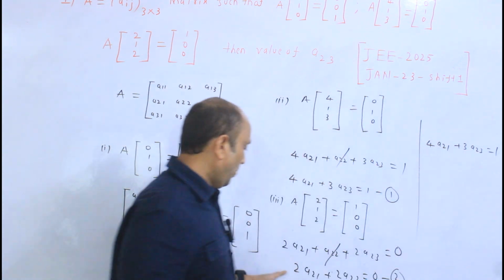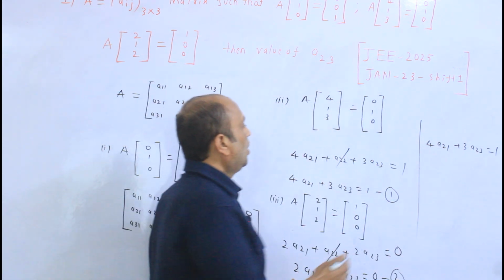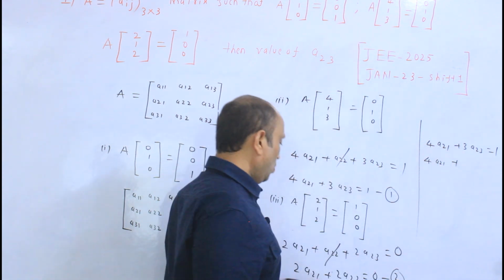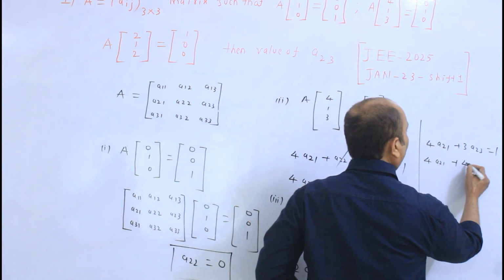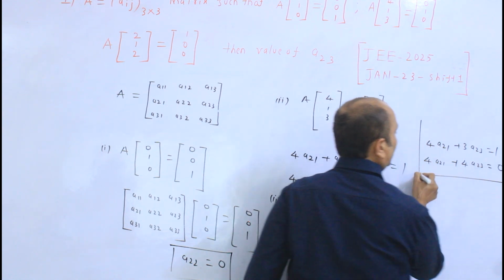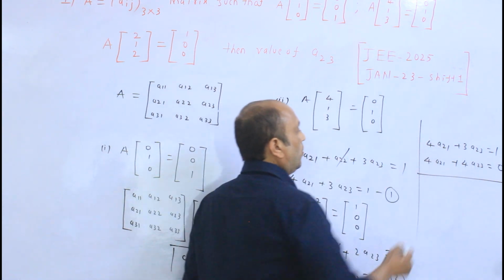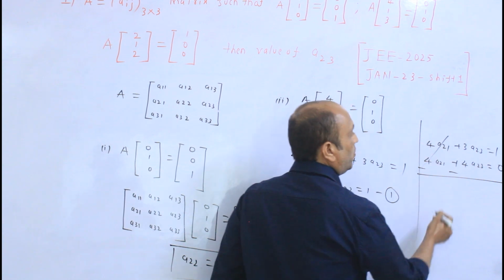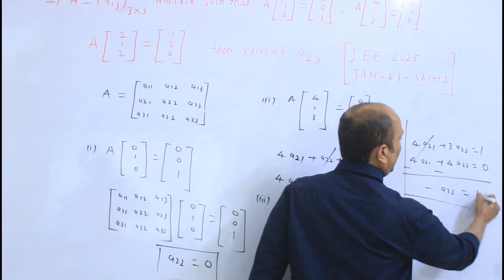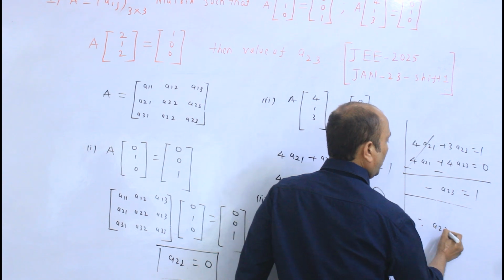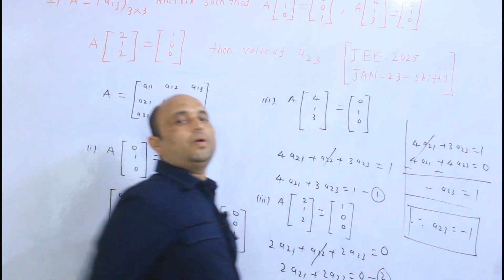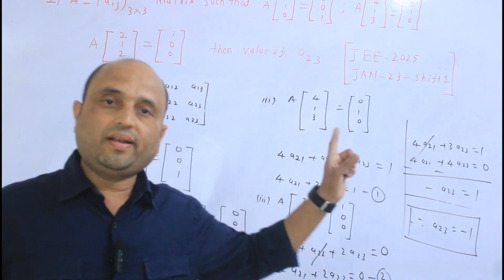Multiply equation 2 by 2: 4A21 plus 4A23 is equal to 0. Then subtract, so we get minus A23 equal to 1, so A23 is equal to minus 1. This is the final answer.